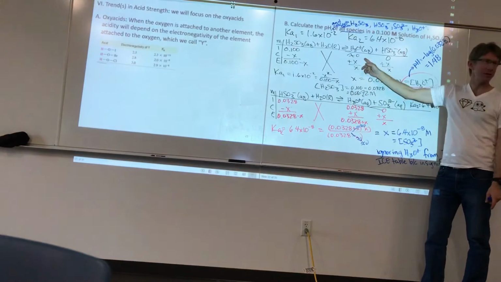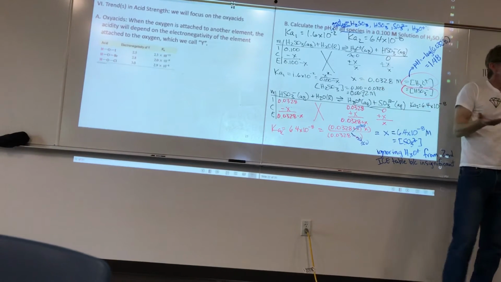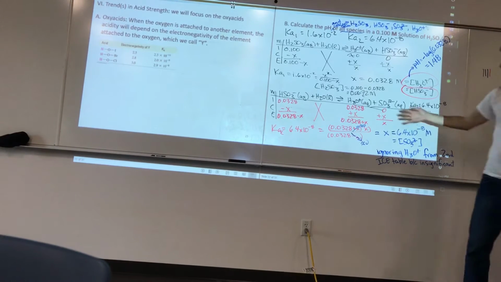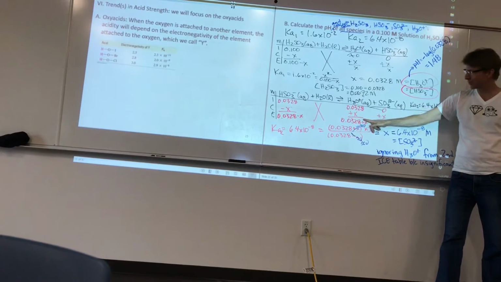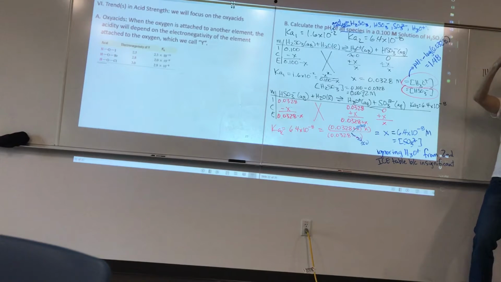We made some hydronium. There's a K2, which could make more hydronium. Let's check it out. We do the second ice table. We put an X right here for more hydronium. We find out that more hydronium is so tiny that we don't need to count it. So we went through the process to see if it counted.